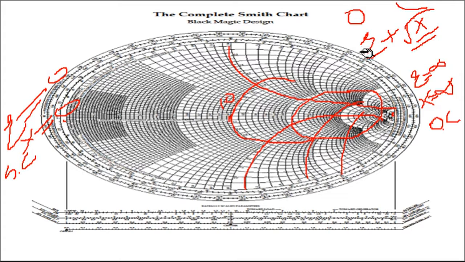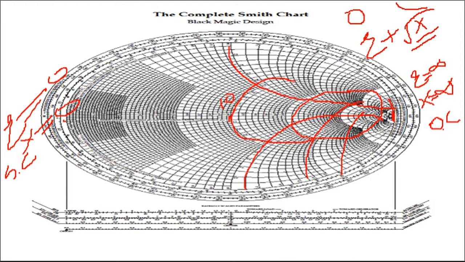Along with that, if the impedance is represented as r plus jx, every circle on this Smith chart passes through the open circuit point. Remember this, any circle you take, whether it is a circle of 0 or a circle of 1, passes through this point of open circuit. And the complete circles represent constant resistance circles, and these arcs represent constant reactance arcs.